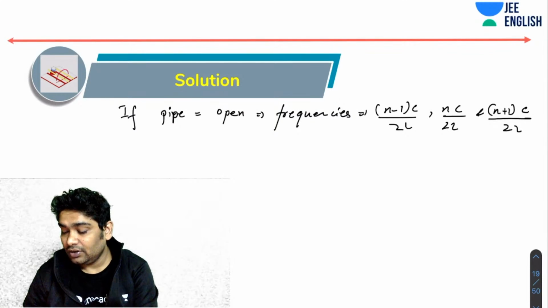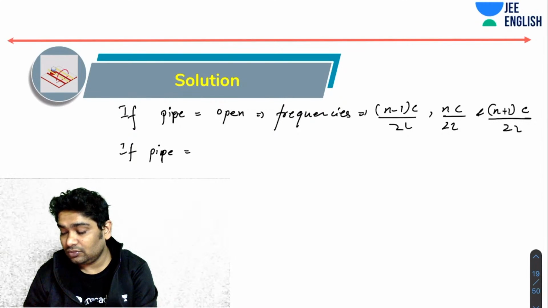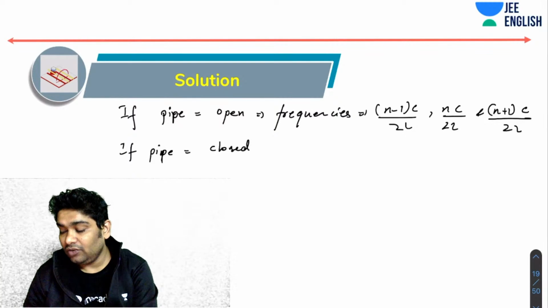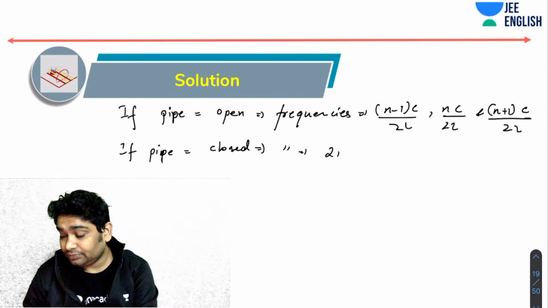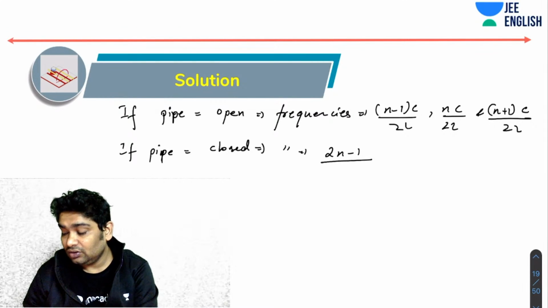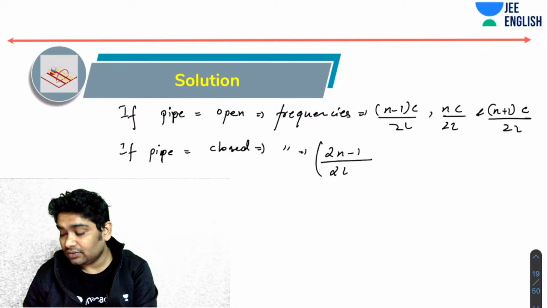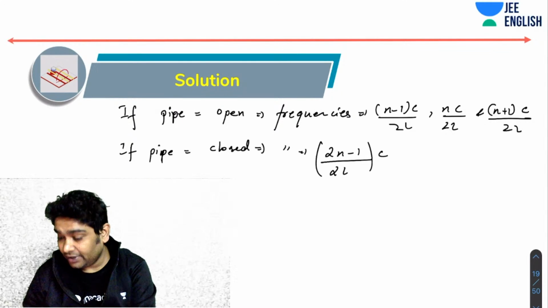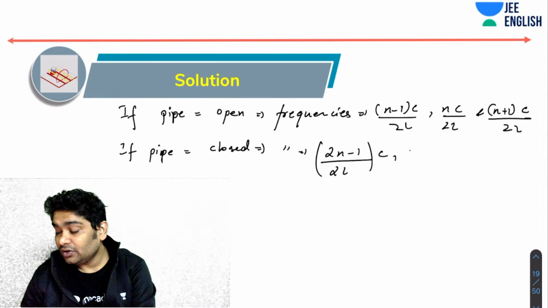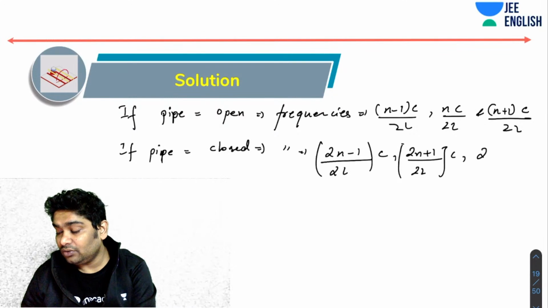Okay. If the pipe was closed, then what do you know about the frequencies? The frequencies are (2n minus 1) c over 4l, and you would have had (2n plus 1) c over 4l, and you would have had (2n plus 3) c over 4l.